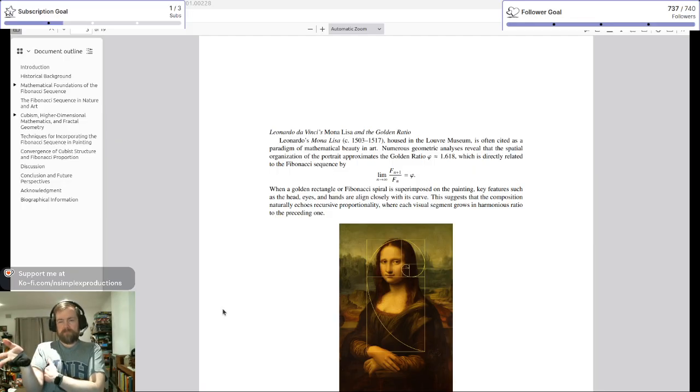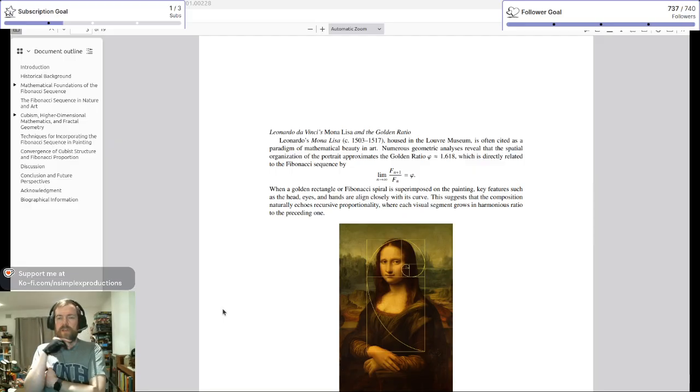Because you can see here, right, they've got the bottom of the rectangle essentially close-ish to where her elbow is. Then the midline is, I mean, it's not a midline, but, you know, the 1.6 line is on the bottom of her mouth, just above the chin.